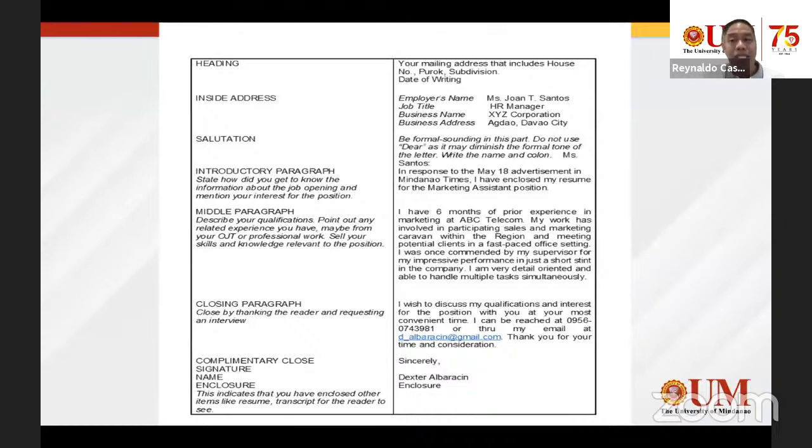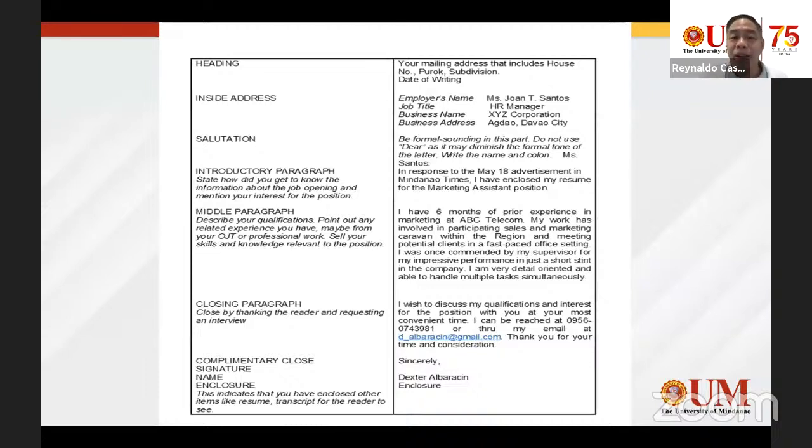It's not chismis, it's not marites, but I got this source, and it's a reliable source that your company is in need of this and of that. And then state your intention of submitting the letter right away, state that in the first paragraph, that you're interested to apply. Kasi kung pasikot-sikot ka pa, busy masyado ang mga company, ang mga HR. So kung pasikot-sikot ka, baka hindi na nila basahin 'yan.